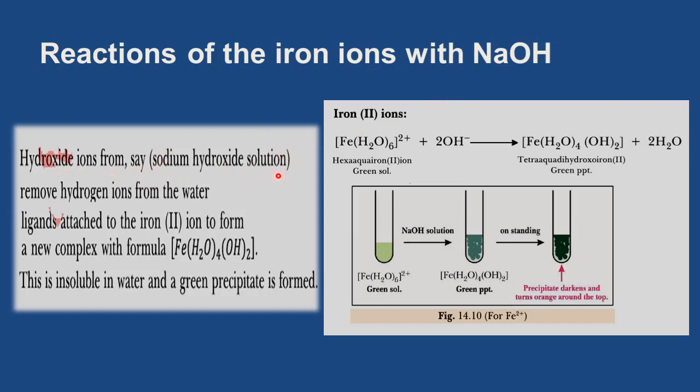These are the water ligands which are present in the iron 2 complex, and it is going to get converted into the tetraaquadihydroxo iron(II) complex. Now students, this is insoluble in water.